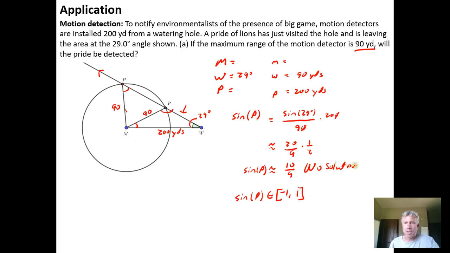And we could double check this by plugging it into the calculator and getting a nice decimal approximation. In fact, I could do that right now. Let me put on a cheater reader so I can read. What's the sine of 29 degrees times 20, divided by 9?